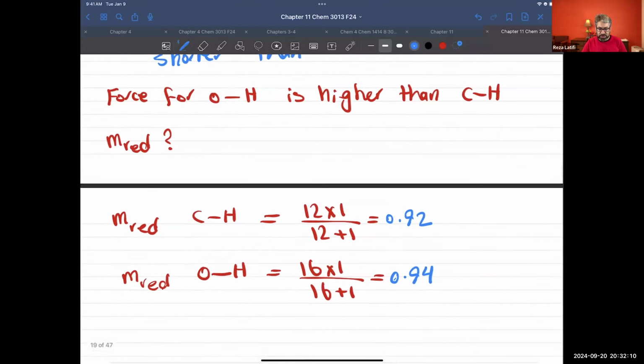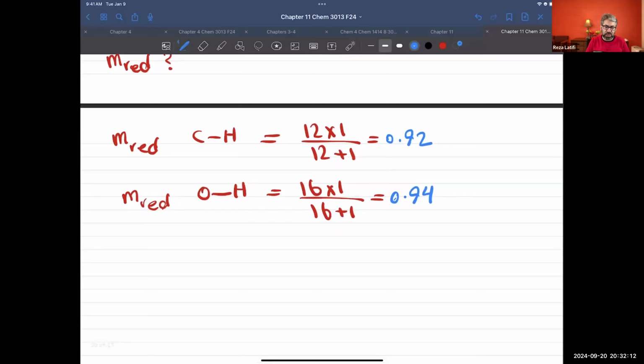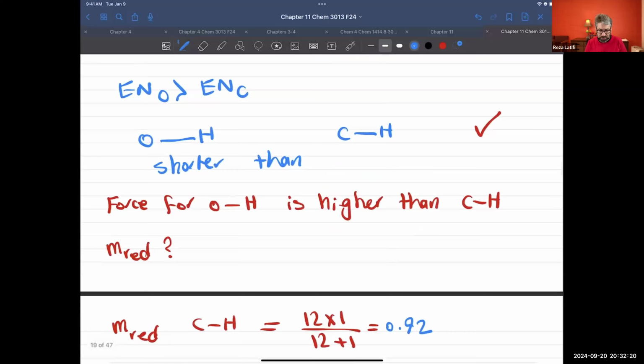Reduced mass is telling us that CH should have higher frequency than OH, just the reduced mass. But then electronegativity or the bond length says OH, H is attached to oxygen, and because oxygen is more electronegative than carbon, OH should be shorter than CH, and OH should show up at higher frequency than CH.